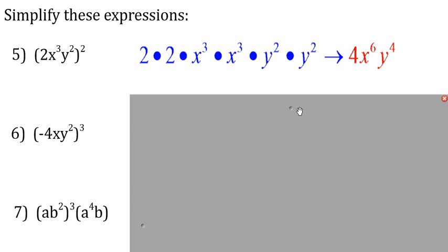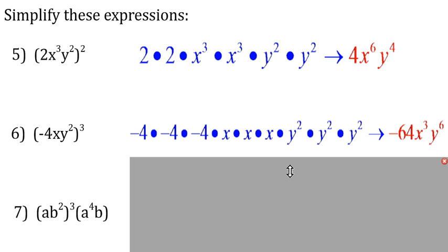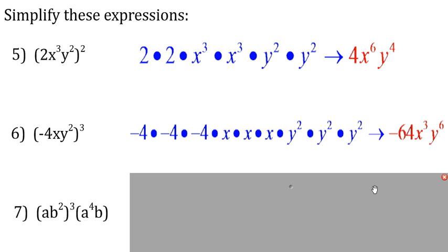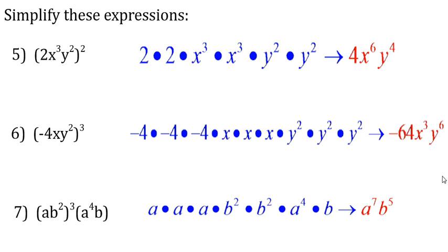Negative 4xy squared, to the third, should give us negative 64 x to the third y to the sixth. We've got a b squared, to the third, times a to the fourth b. That should give us a to the seventh, b to the fifth.